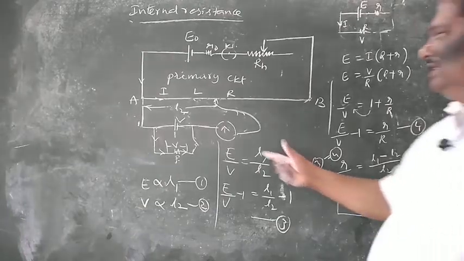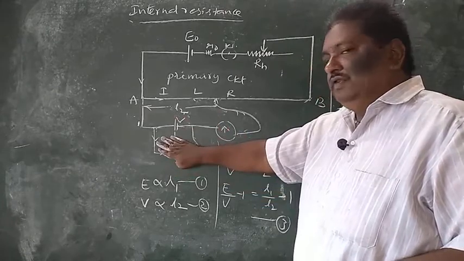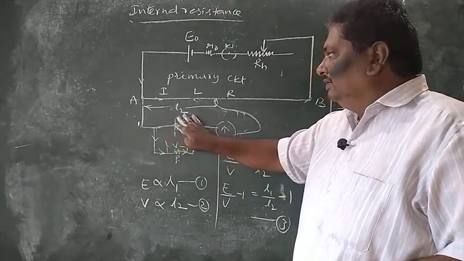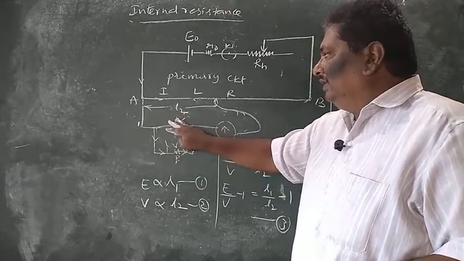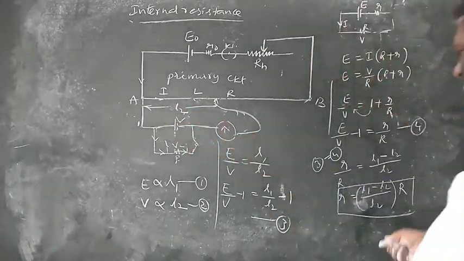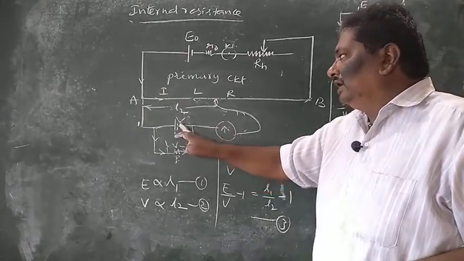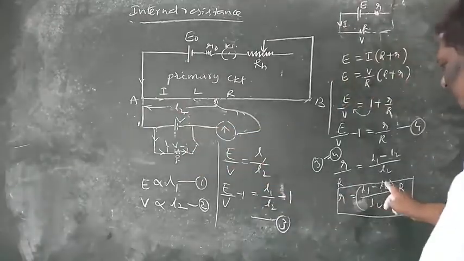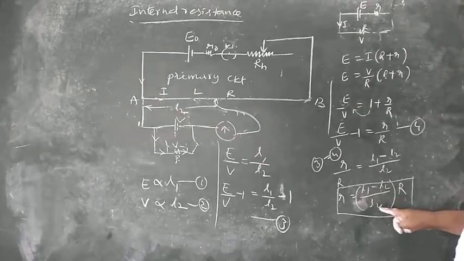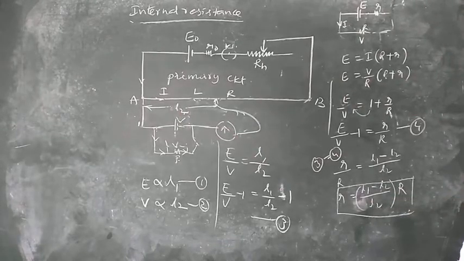L1 is the balance length without external resistance connected, with the EMF applied. Now the external resistance is connected in the circuit, and that time the balance length is L2. So L1 minus L2 by the denominator L2, remember, into capital R.